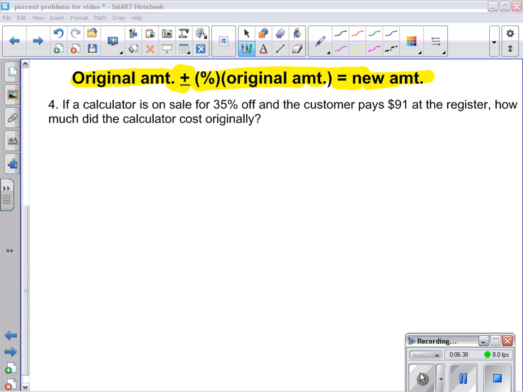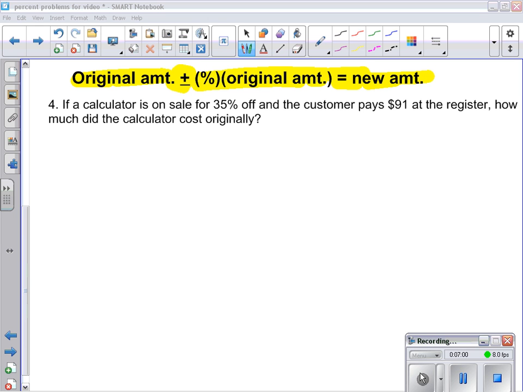Hi, it's me again. All right, we're going to do one more here, and it is one of the more difficult ones where you really, really need to use this equation that we came up with. So, if a calculator is on sale for 35% off, and the customer pays $91 at the register, how much did the calculator cost originally?